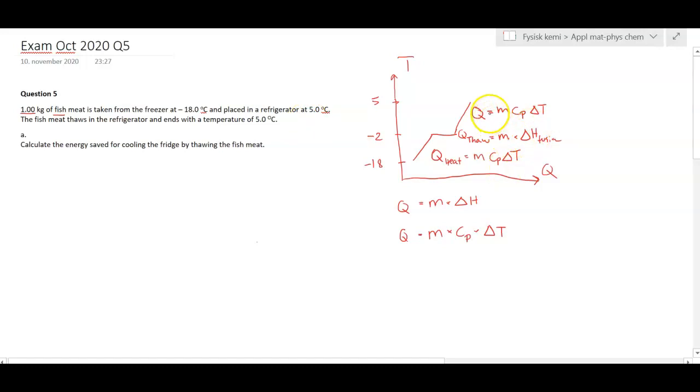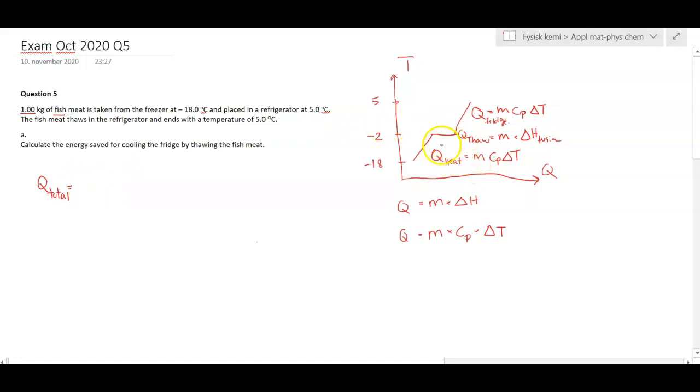So this could be, I don't know what we should call it. Fridge. Probably a bad word. Anyway, these are the 3 steps that our fish is going through while it is being thawed in the refrigerator. And then we simply add the different contributions.